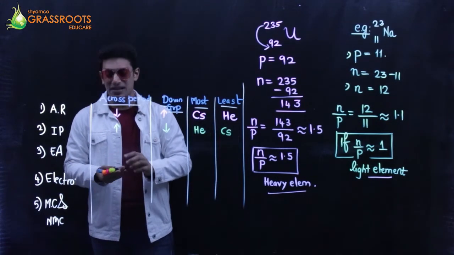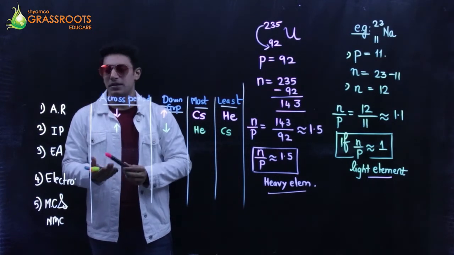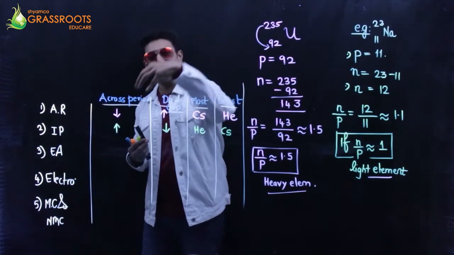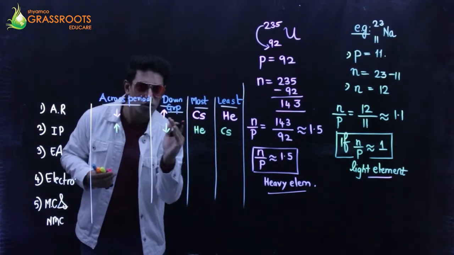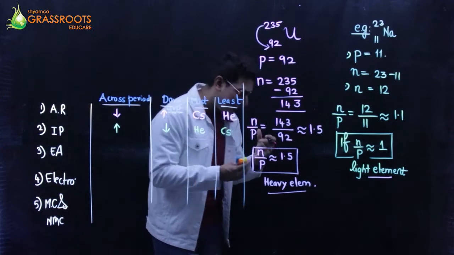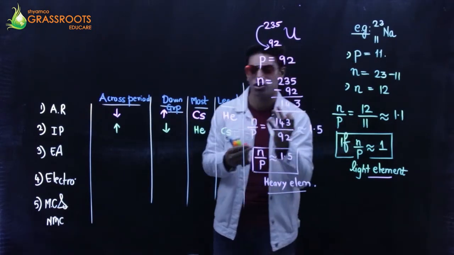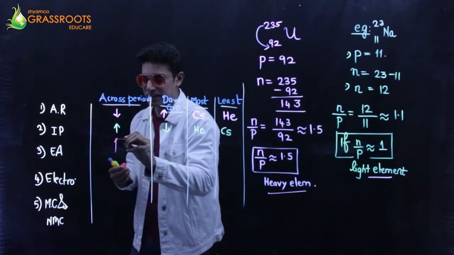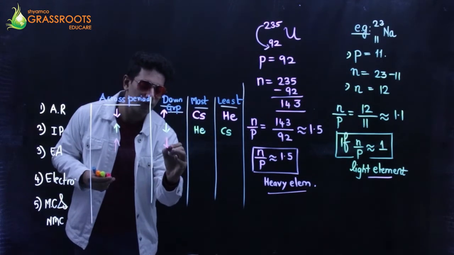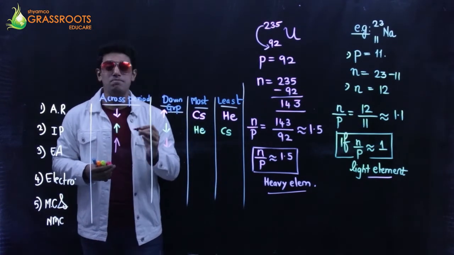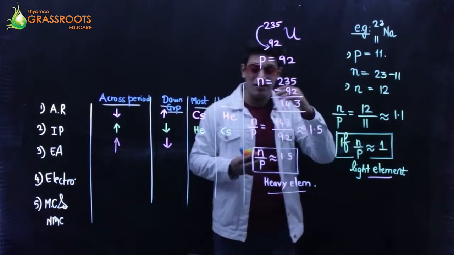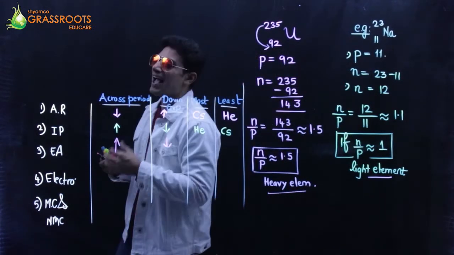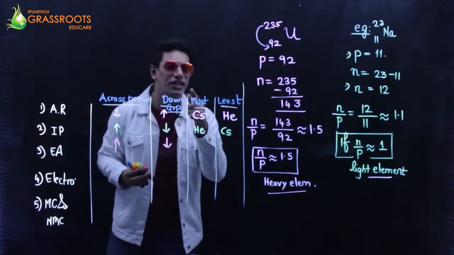The third one, electron affinity. When an electron enters into the orbit, across the period the affinity, the liking of electrons, increases. A bond is formed easily. And down the group, electron affinity decreases. The element showing the most liking towards electrons is actually fluorine.